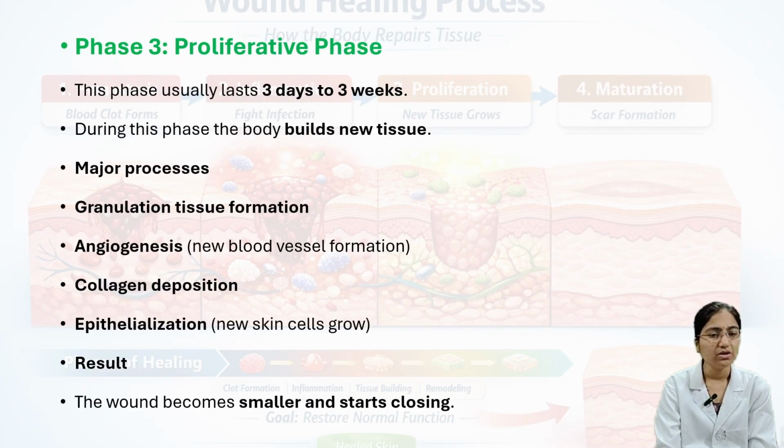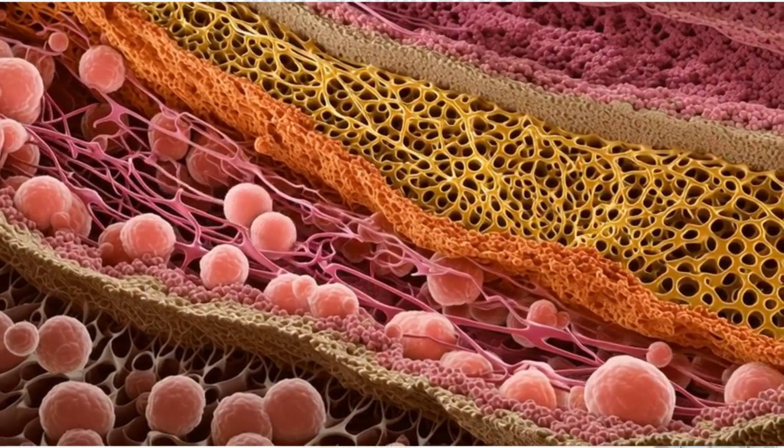Next we'll see the third phase, the proliferative phase. This phase usually lasts 3 days to 3 weeks. During this phase, the body builds new tissues.